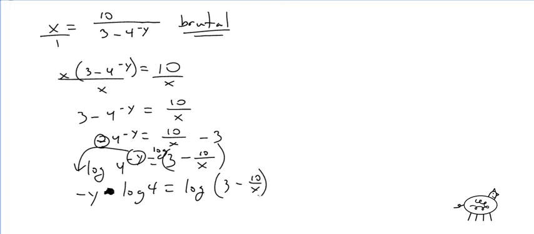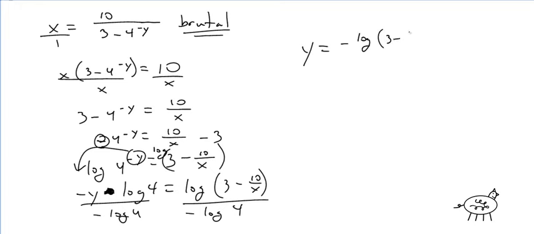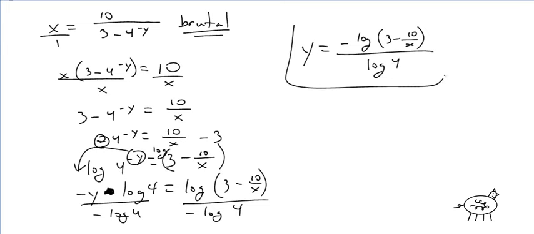And we divide both sides by negative log of 4. It's messy, but that's what it is. So I'm just going to put the negative on top, and we wind up getting y is equal to negative log of 3 minus 10 over x, divided by log of 4. A little nasty, but that's what it is. It's solving for y. All right, that's not too bad.